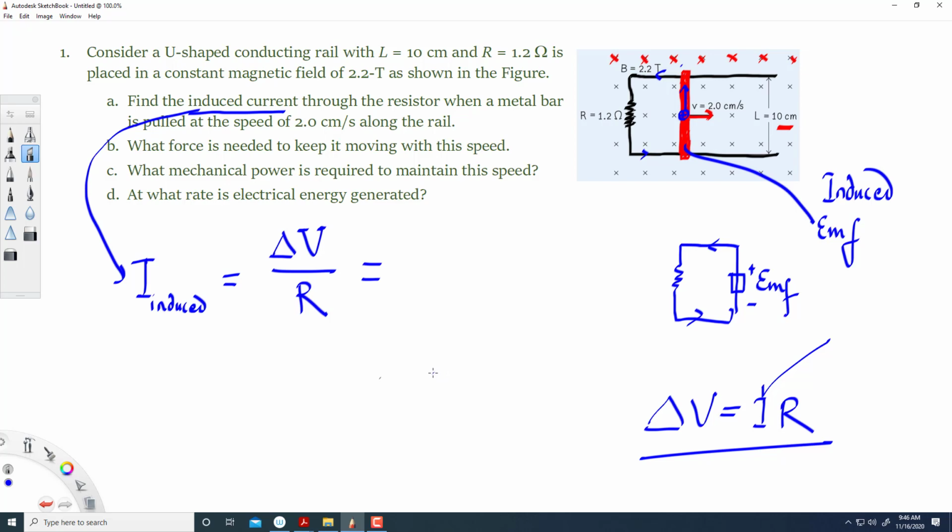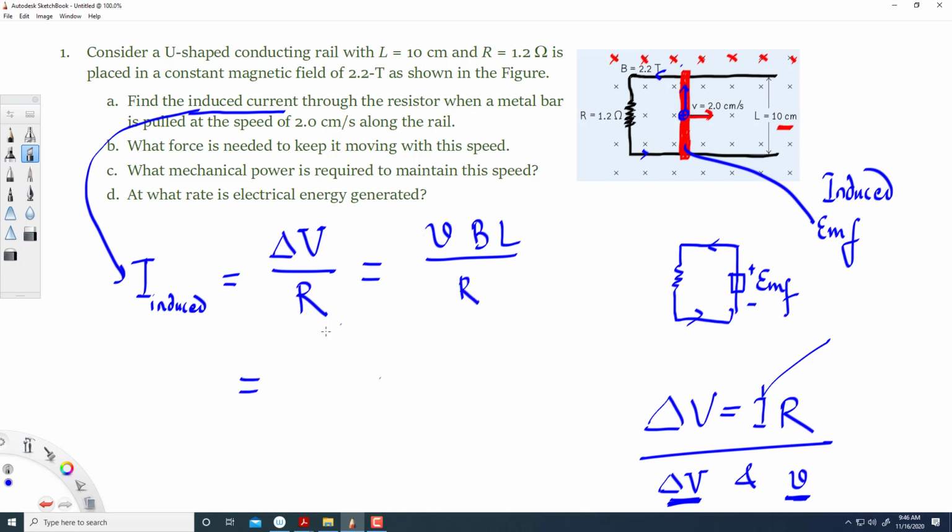In the previous discussion, we got the expression for that. V, yes, V, BL. So do not be confused this V and this V. This is the potential difference or EMF. This V, small v, is speed or velocity. So always be careful with this V and this V. That's the potential difference. That's the speed.